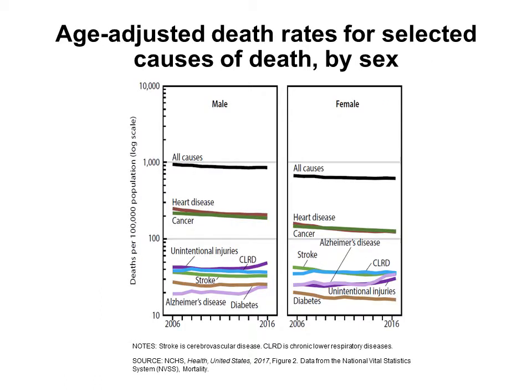This is just another way of looking at the data, and this is the age-adjusted death rates for selected causes of death by sex. So again, the data range here is from 2006 to 2016. And if you're looking at the overall causes of death in these populations, you can compare.